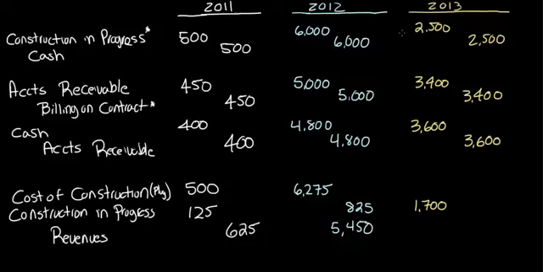I know my revenues were $3,925, and again, this cost of construction number is a plug, and it's going to make this balance, and it's $2,225. And again, in an income statement, this is our cost of goods sold number. Okay, so now we've got all our journal entries.